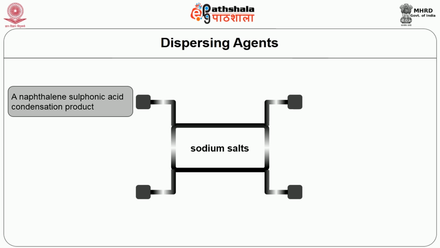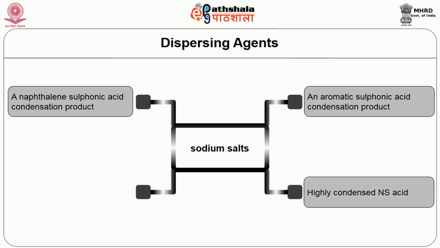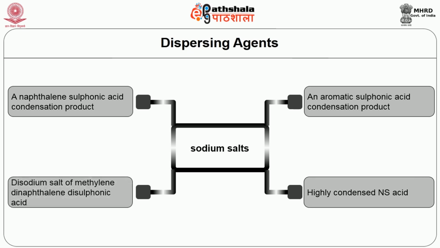Dispersing agents are described as sodium salts of any of the following: a naphthalene sulfonic acid condensation product, an aromatic sulfonic acid condensation product, highly condensed NS acid, disodium salt of methylene dinaphthalene disulfonic acid, etc. These are available in the form of yellowish brown powder, light beige colored powder, dark brown mobile liquid, and so on.